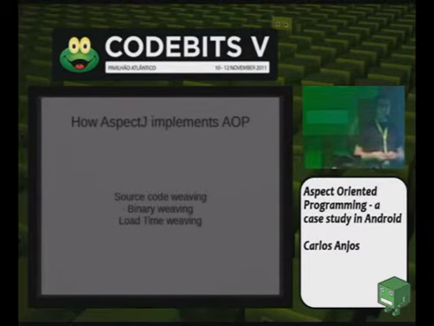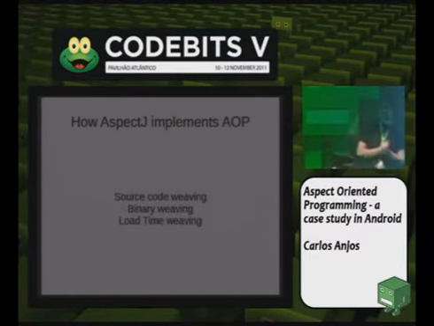Which means that if you don't have the source code for something, you can change the way it works, even if you don't have the source code. Probably if you don't have the source code, you're violating some kind of license, but it's certainly something that you can do for educational purposes.